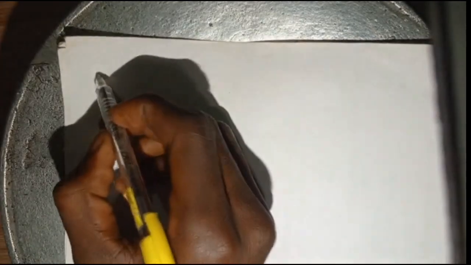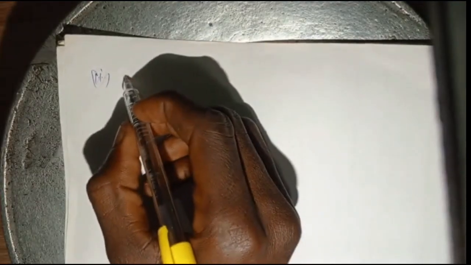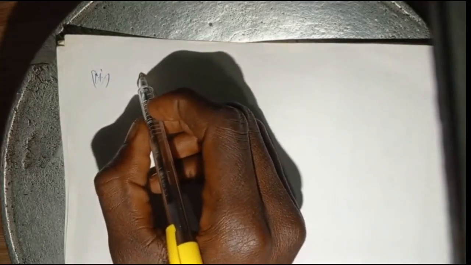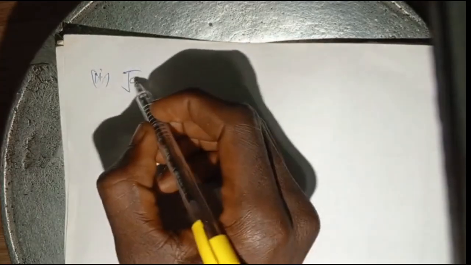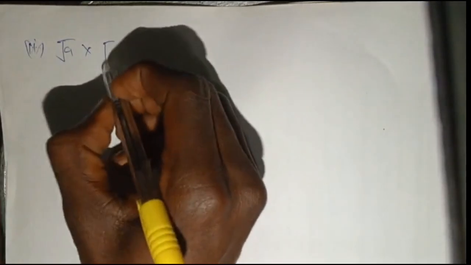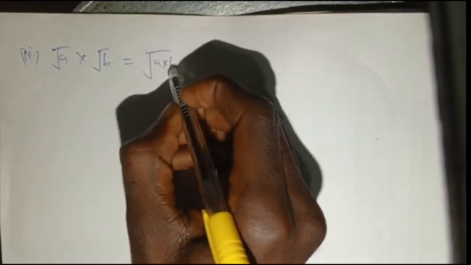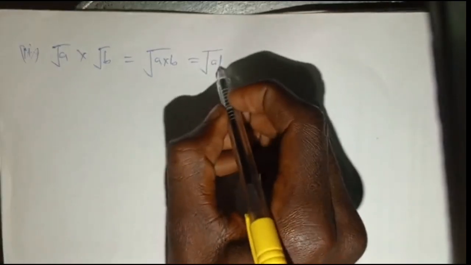Rule 2, property 2, is root a times root b, and this is equal to root of a times b, which is equal to root ab.